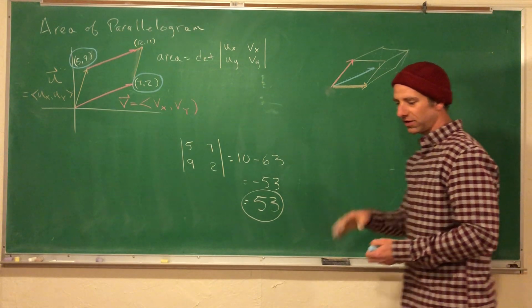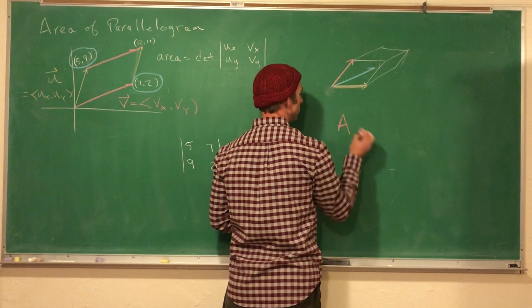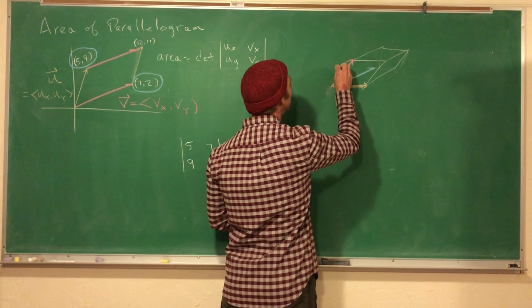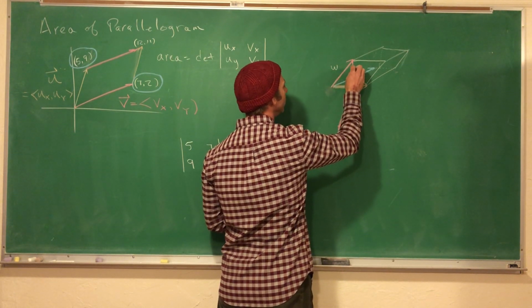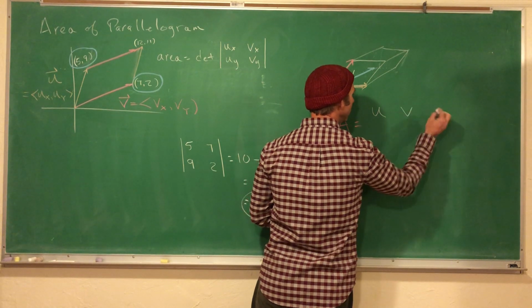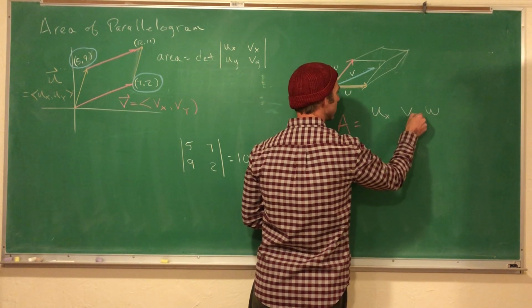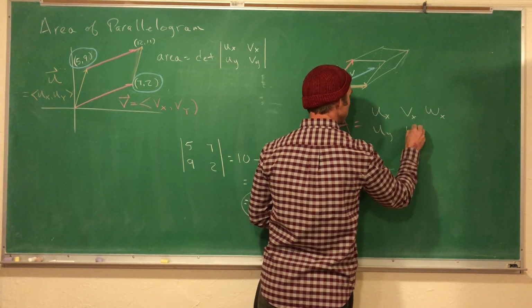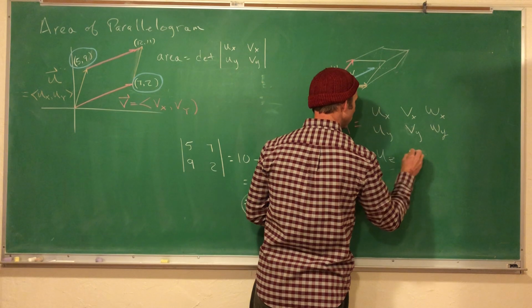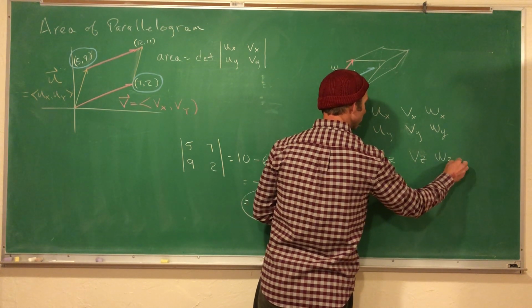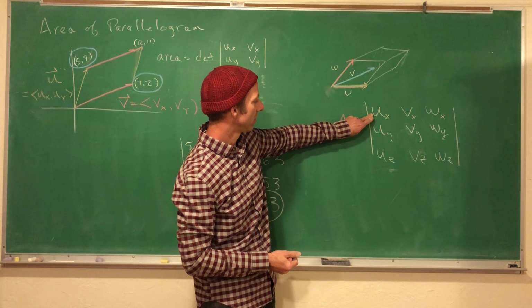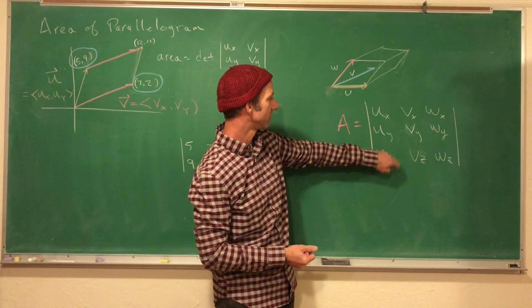So the volume of this guy here, let's just call this U, V, W. UVW, that's going to be X. Okay, you can see these are the 3 components of the U vector, the V vector, the W vector.